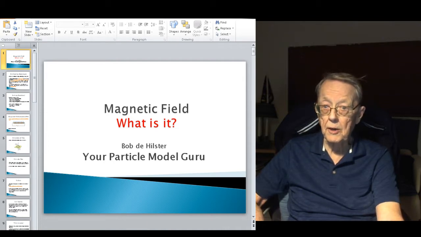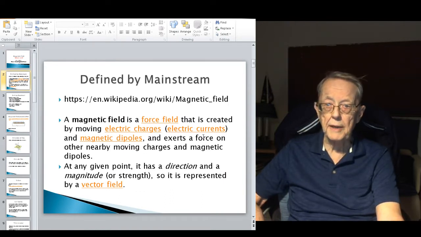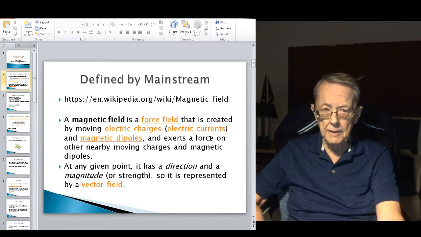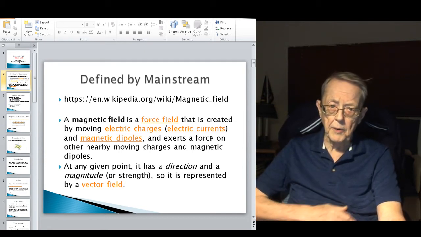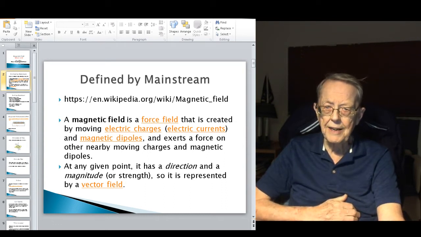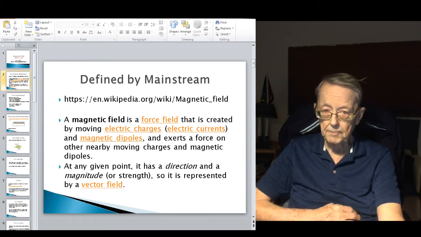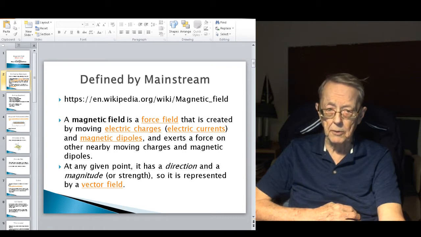I'm here today to talk about the magnetic field and what it is. As defined by Wikipedia, and I'm assuming that's mainstream's idea of what a magnetic field is, I'll read: a magnetic field is a force field that is created by moving electric charges, which they're saying is electric current, and magnetic dipoles, and exerts a force on nearby moving charges and magnetic dipoles.